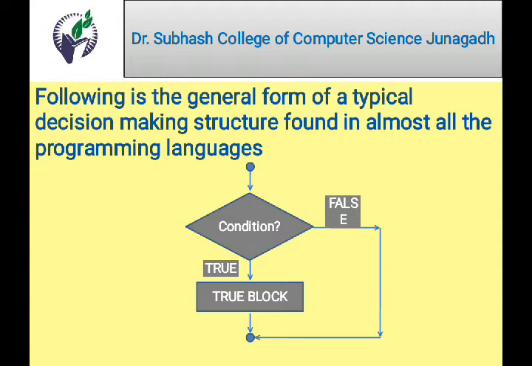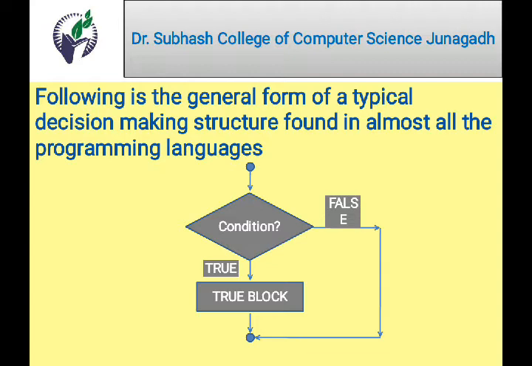Here is the form of the simple decision making structure, but if we require to take another action when the condition is false, then we require to put here the false statement block. So we call that the if else construct.